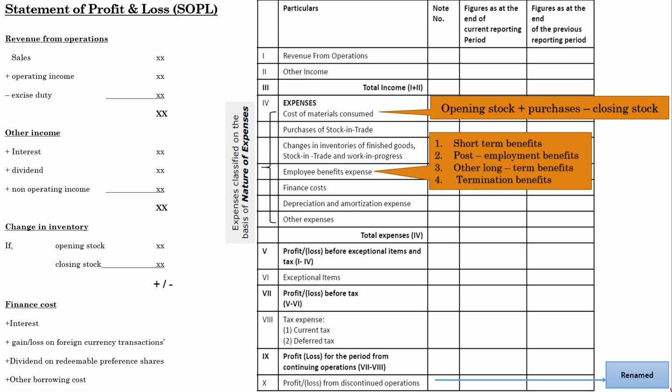If the taxable income is more than the accounting income, the deferred tax is shown as a negative figure. We have learned about deferred tax in the theoretical aspect. It may be either a positive value or a negative value.